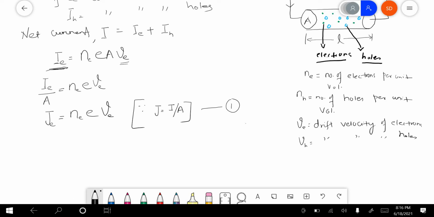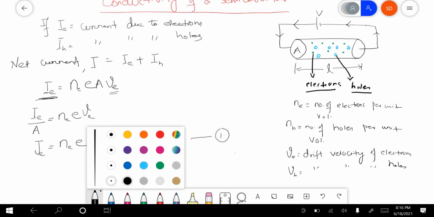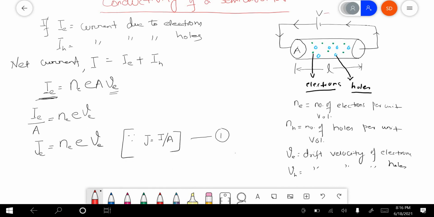Now we know that drift velocity is a function of electric field. Since we have applied a potential difference, this voltage source between the two ends of this semiconductor material, an electric field must be produced between this face and this face.